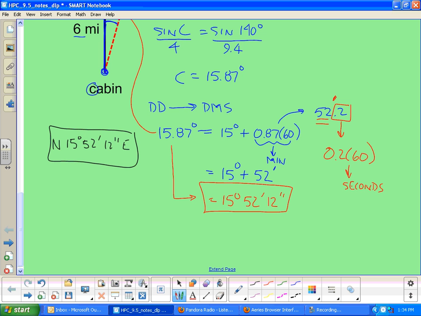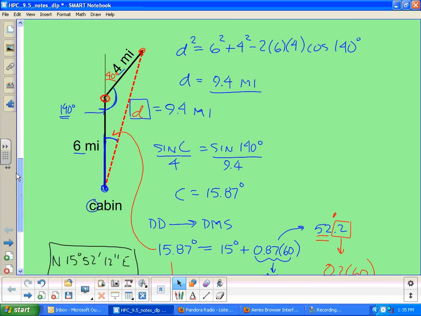That would be the same thing as just a bearing. And if it's to the west, we just replace east with west. But again, I will primarily be looking for you to give me the bearing, which is a 0 to 360 number. Okay? All the way around.